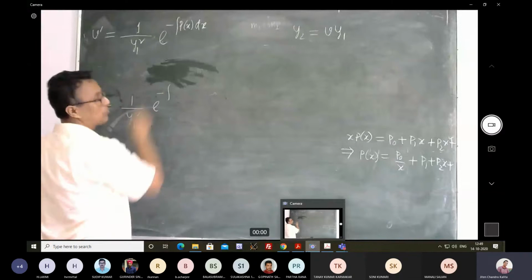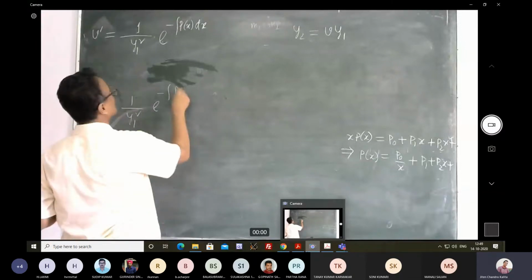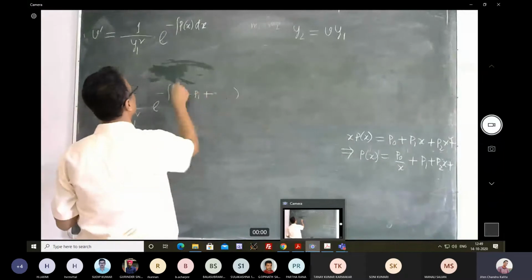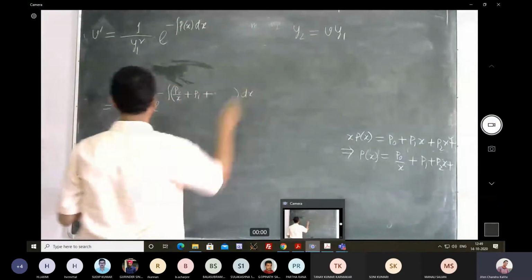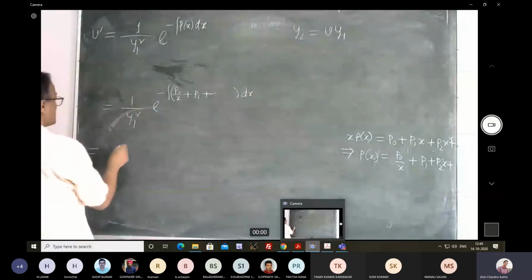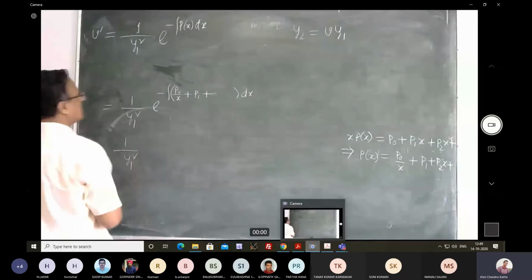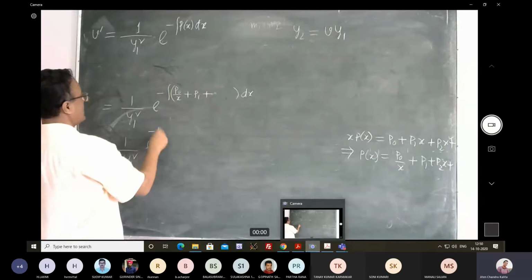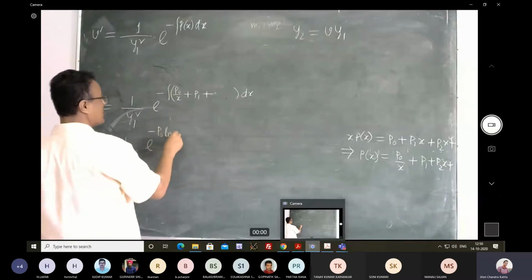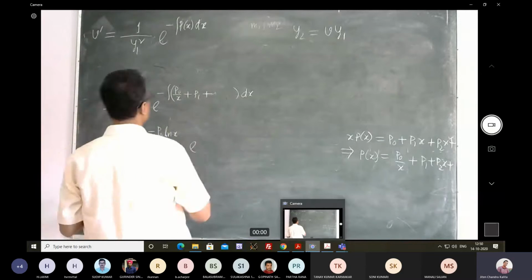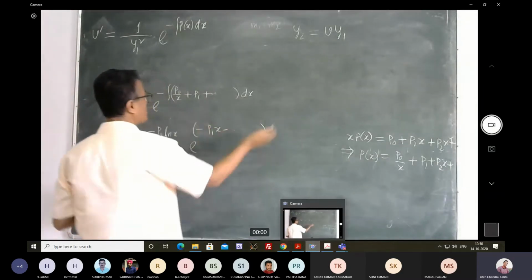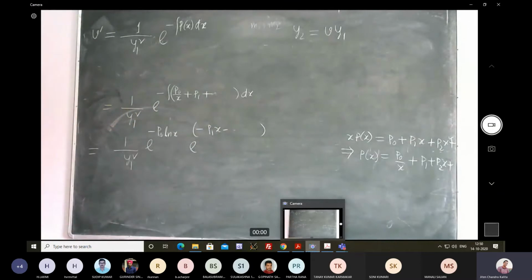So this minus will give me e to the power minus p naught ln x, and then e to the power minus p1x. I'm not even bothered about the rest. So far so good, right?